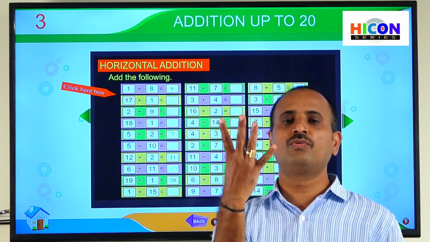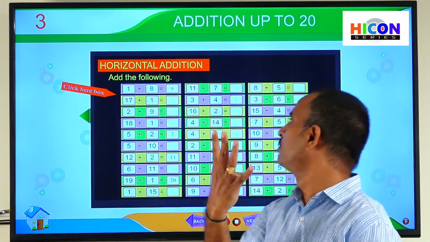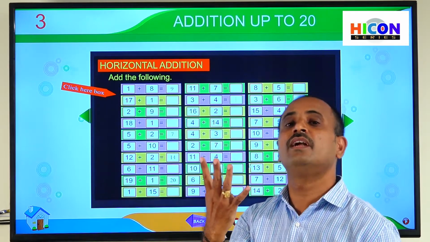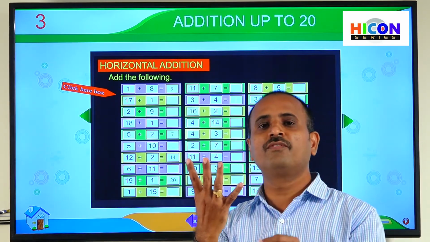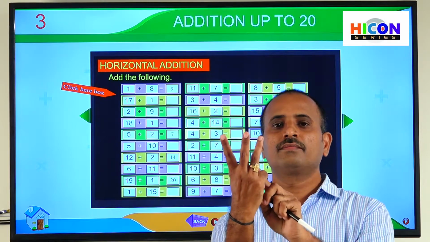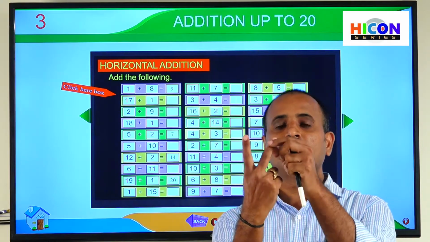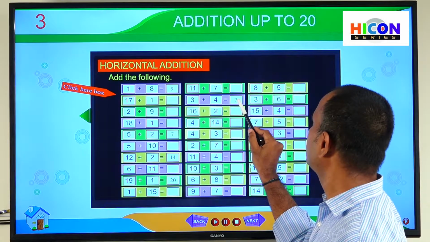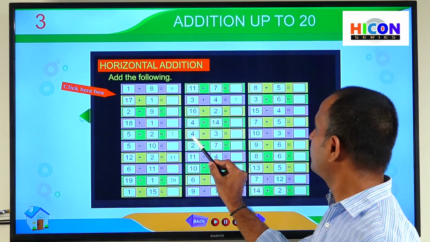And now start counting from the first number. So what is the first number here? 3. After 3, we will get 4. So start counting from 4. So 4, 5, 6, 7. So write 7 here.